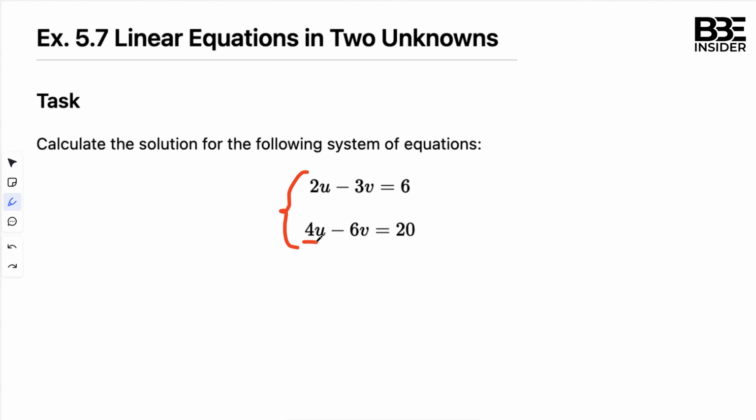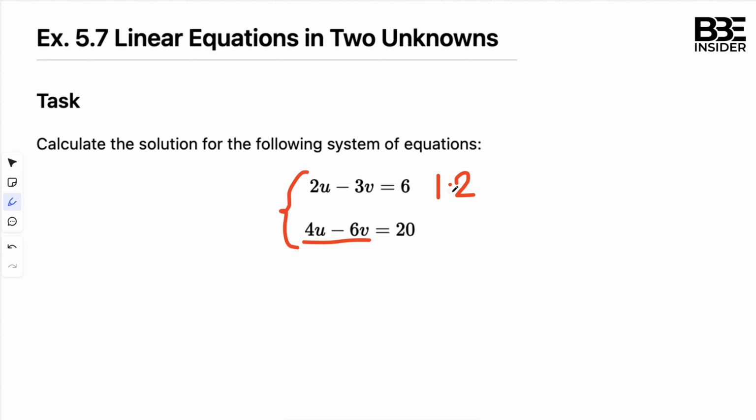Observe that the left-hand side of the second equation is exactly the double of the left-hand side of the first equation, which basically means if we multiply the first equation by 2, we obtain the very same left-hand side. However, note that the right-hand side, which is in this case 6 times 2, 12, is not the same as the right-hand side of the second equation.